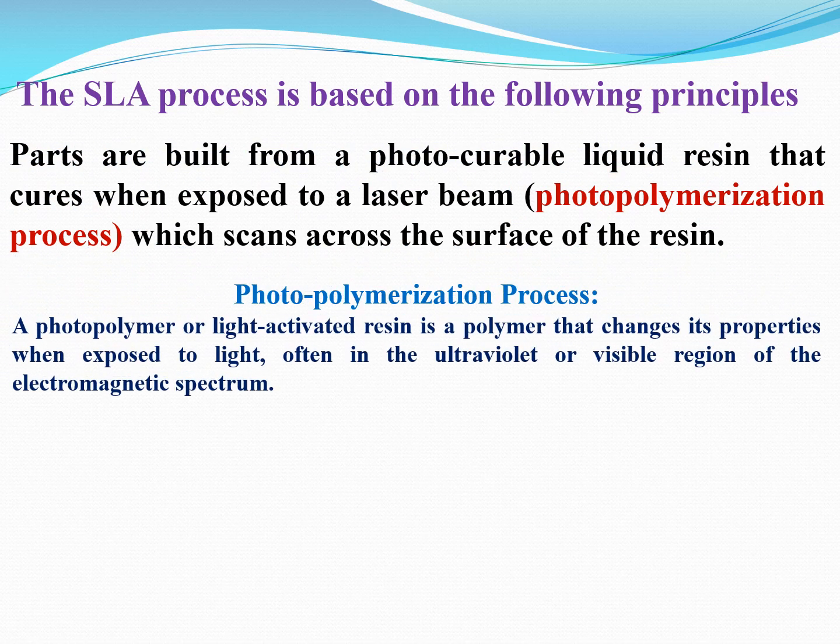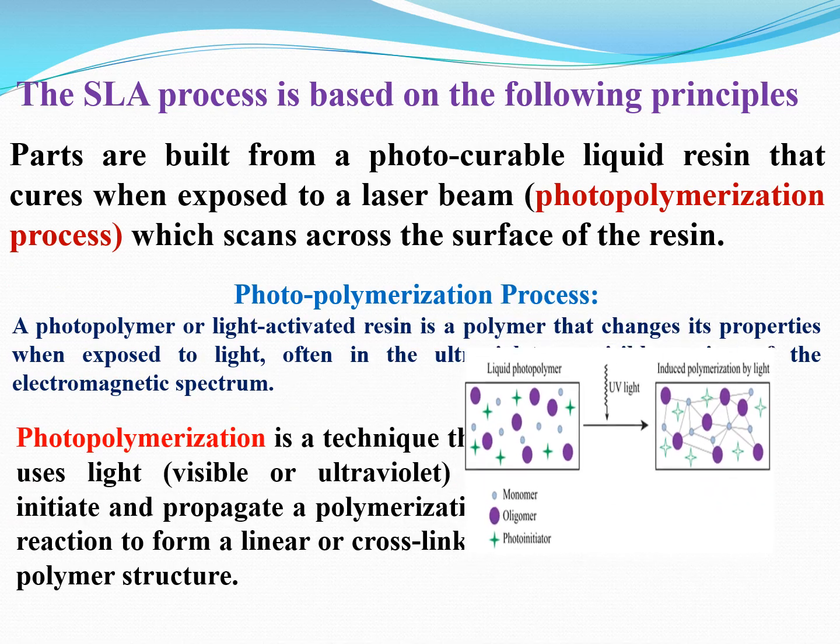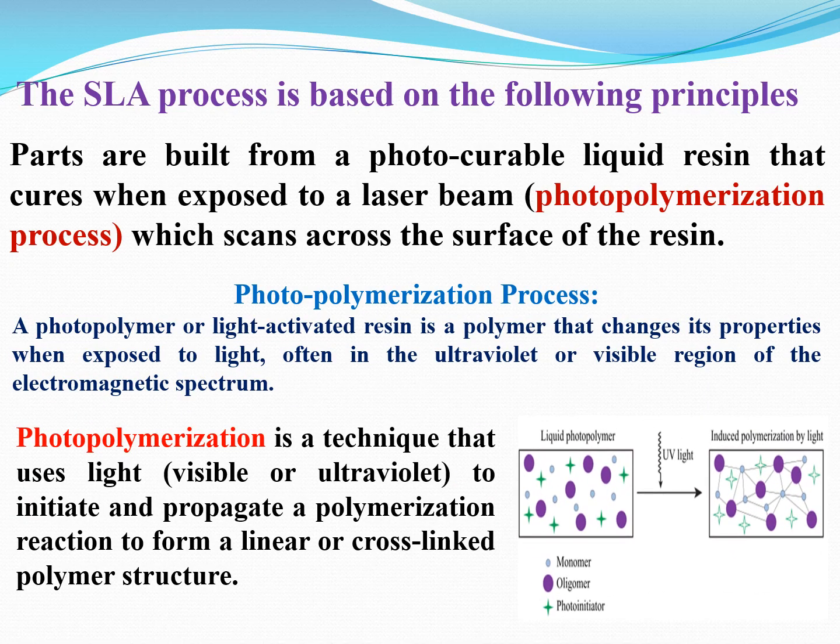Now, what is the photopolymerization process? A photopolymer, or light activated resin, is a polymer that changes its properties when exposed to light. That means when the photopolymer is exposed to light, its properties change, often in the ultraviolet or visible region of the electromagnetic spectrum.